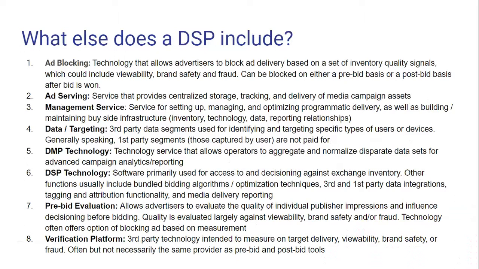Pre-bid evaluation allows advertisers to evaluate the quality of individual publisher impressions and influence the decision before bidding. Quality is evaluated largely against viewability, brand safety, and or fraud. And then we have similar metrics, that's third-party technology to measure target delivery, viewability, and brand safety. Now, why did I cover so many jargons on one slide?